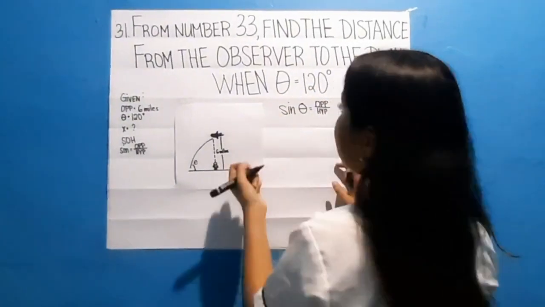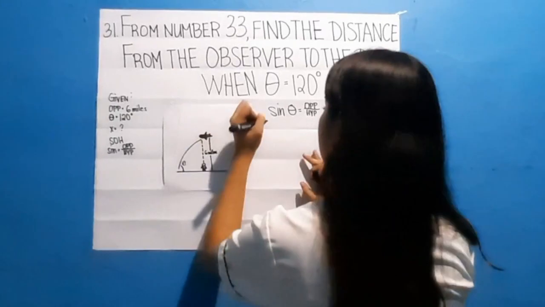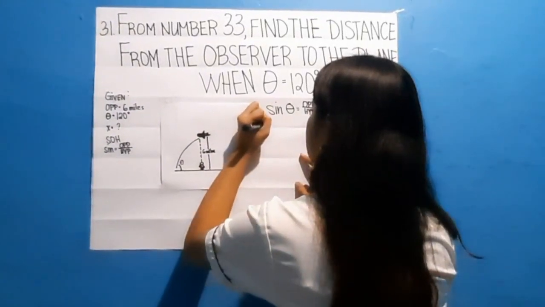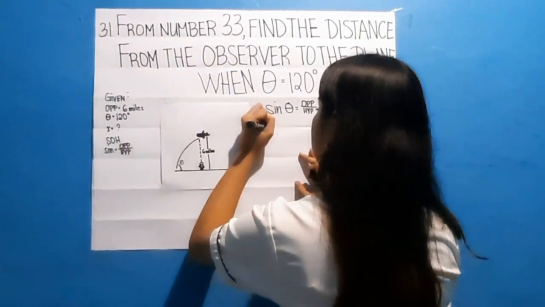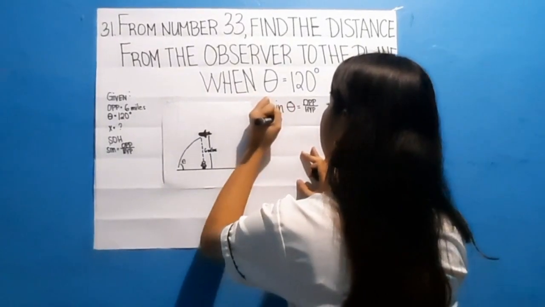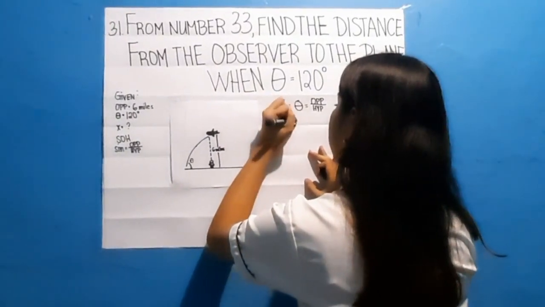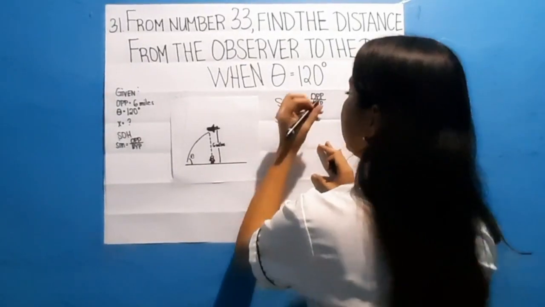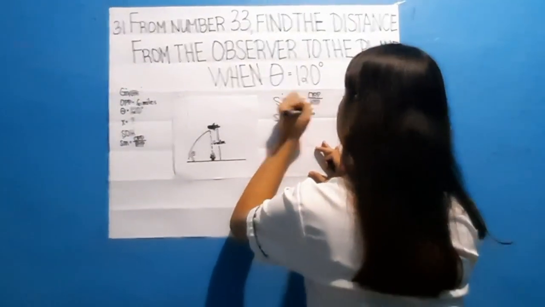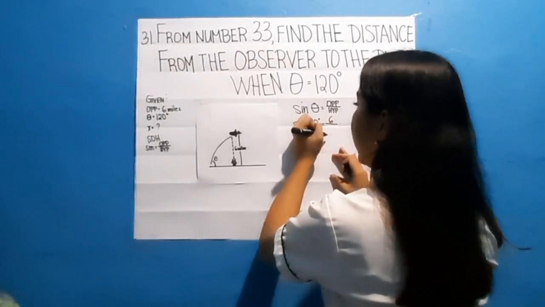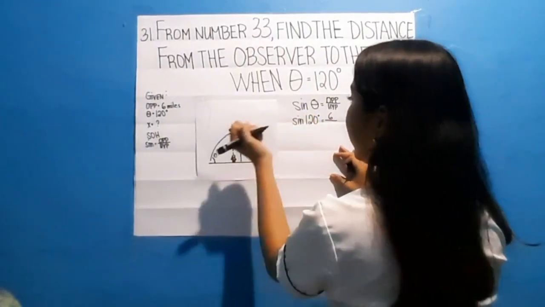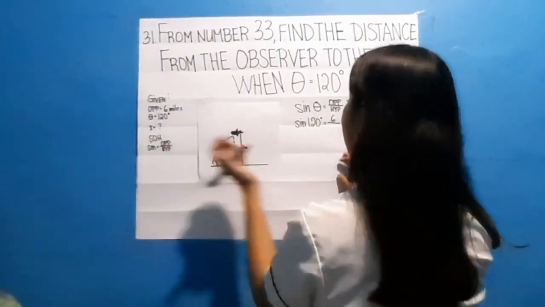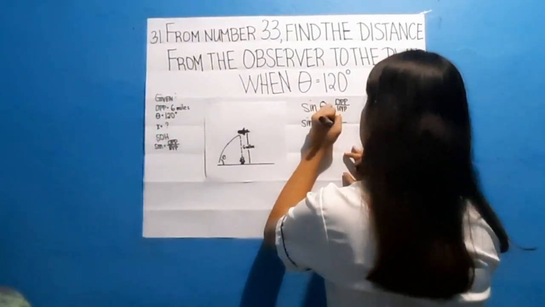So, we will substitute all of the given. So, sine theta, or 120 degrees, equals the opposite, which is 6 or 6 miles, over the hypotenuse, or the distance, which is x.